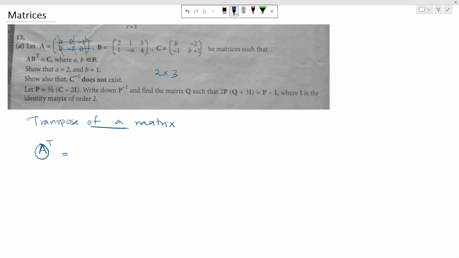Okay, for example, let's say we have a matrix A is equal to A, B, C, D. Then in A transpose, the rows of matrix A become the columns.